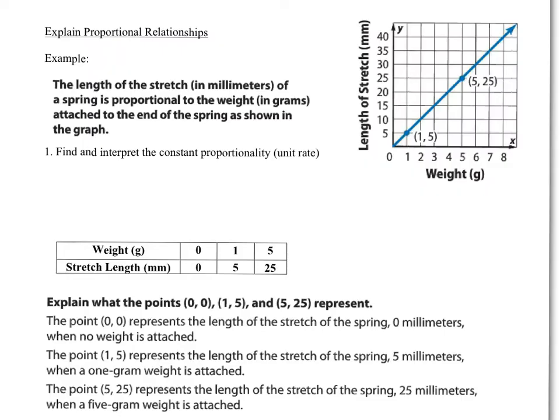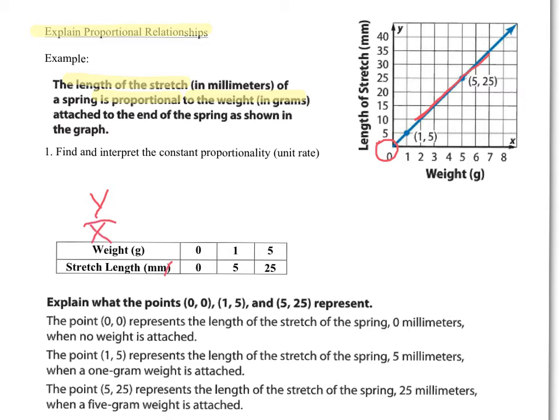Next, let's try to explain some of these proportional relationships a little better. In this example, one quantity is the stretch of a spring. We're asking, is it proportional to the weight that you put on the spring? First of all, we can see that it is proportional because it passes through (0, 0) and the line is straight. And then we look at the unit rate, which is y over x.